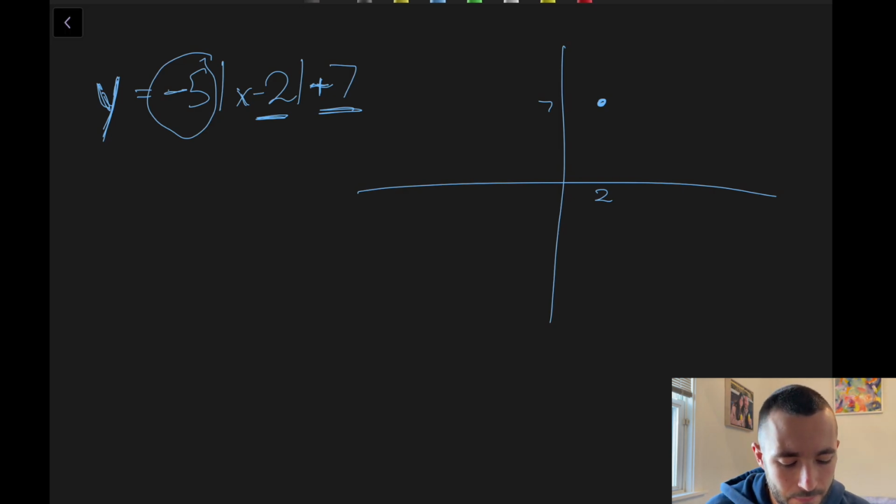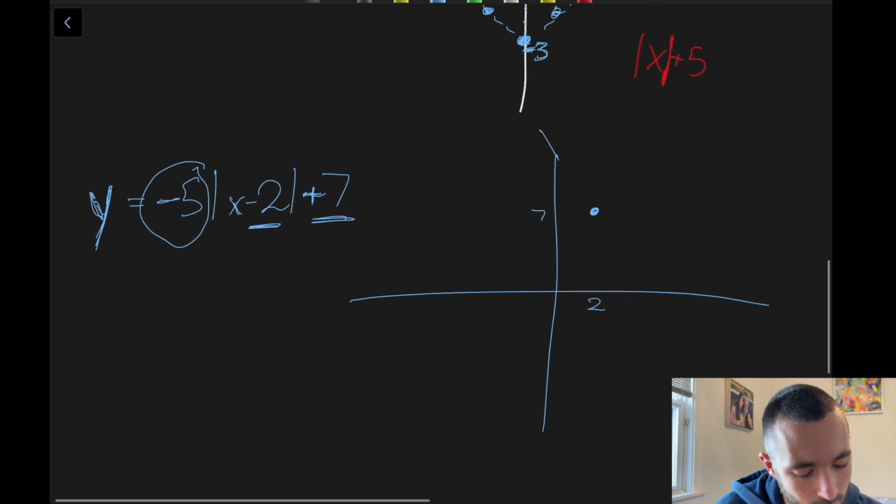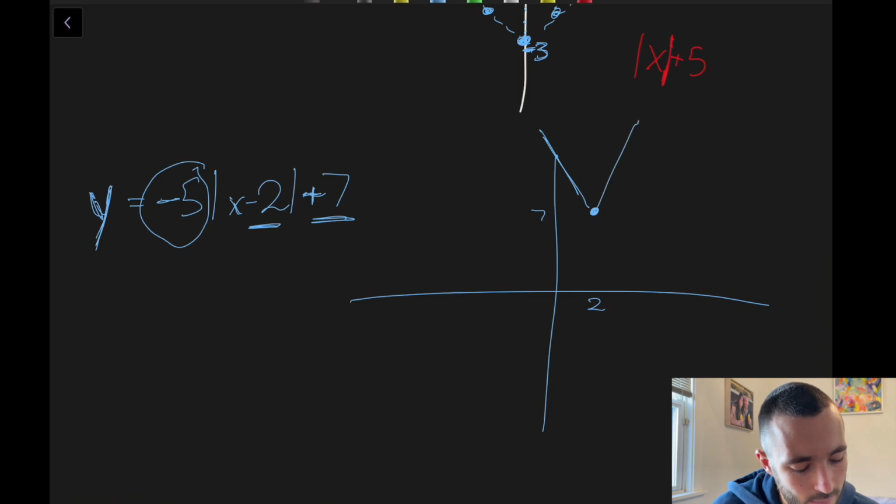But here, since it's a negative number, we're flipping the v upside down. So everything, basically all the points are going to be flipped over. So instead of having this like positive graph like this, instead of that, we're going to have this.